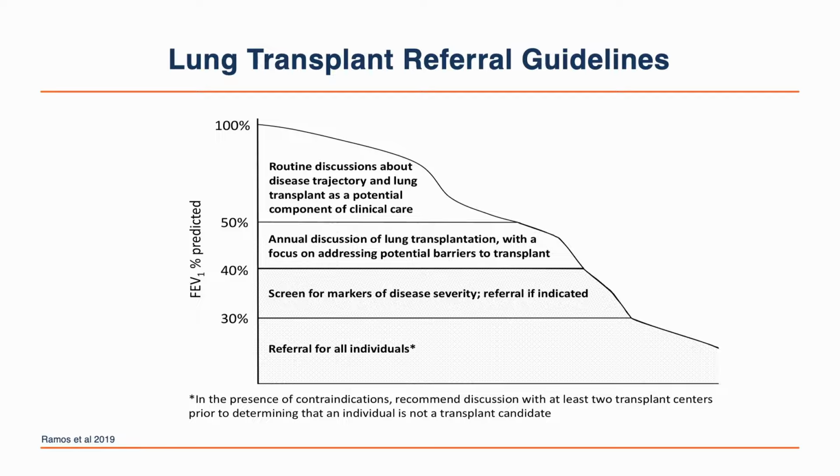And if transplant is to be pursued, it should be pursued at that time rather than delayed until the individuals are too sick for transplant to be a safe option. When patients are declined for transplant for whatever reason at one transplant center, we recommend a consultation with a second lung transplant center, because the criteria for transplant vary from one institution to another.